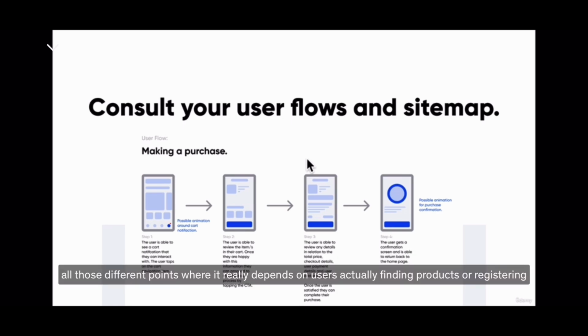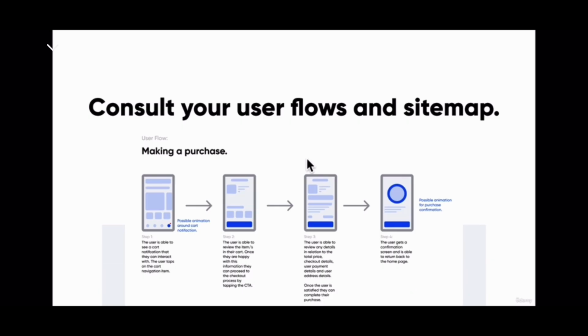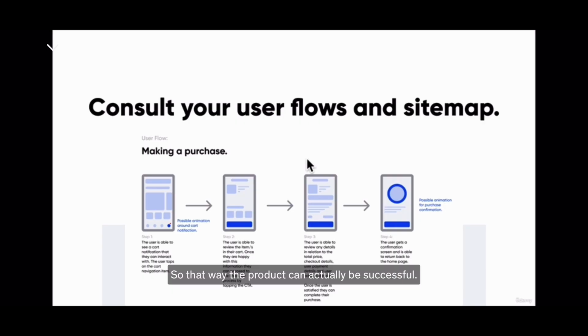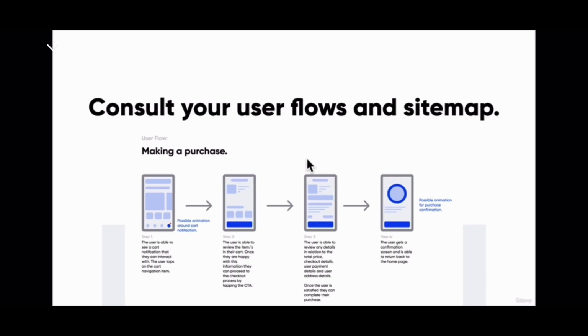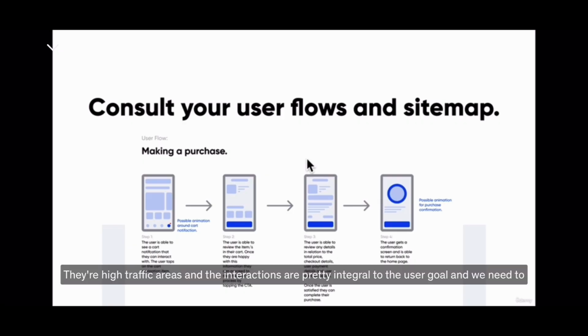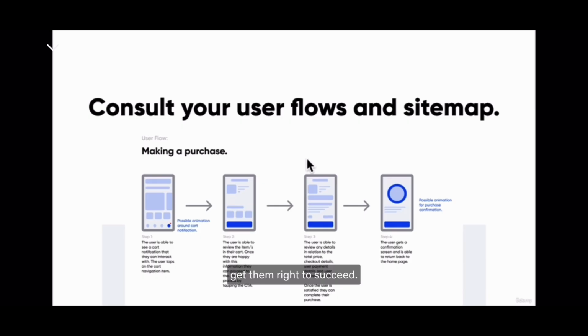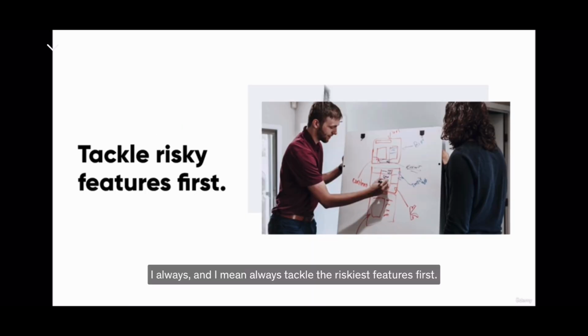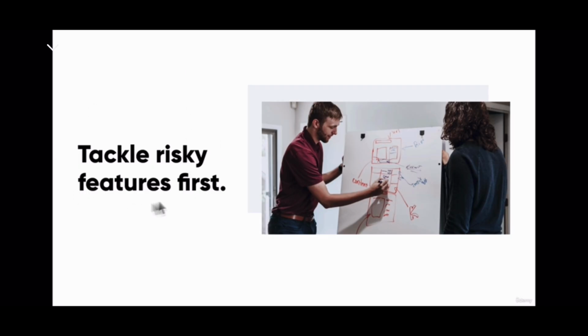All those different points really depend on users actually finding products or registering. These are high traffic areas and the interaction to the user's goal, and we need to get them right. I always tackle the riskiest features first.